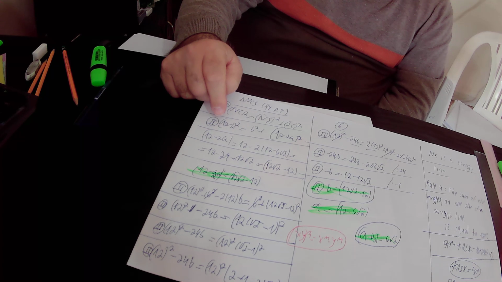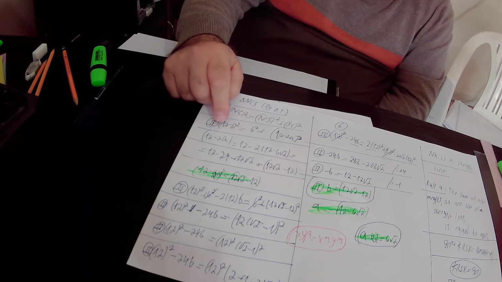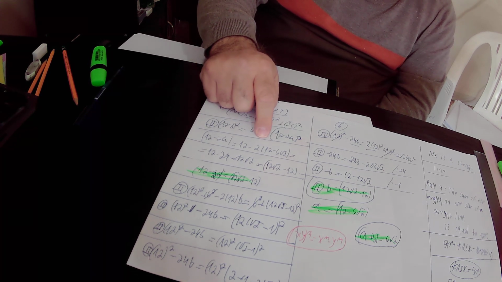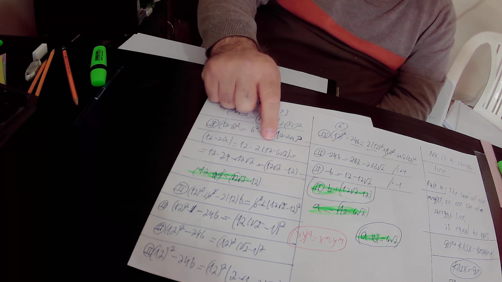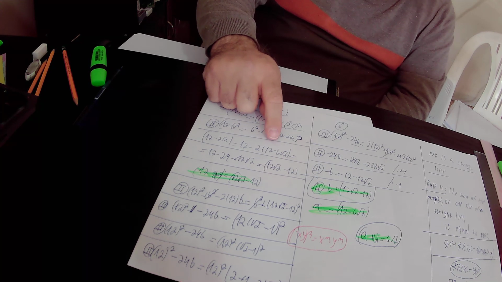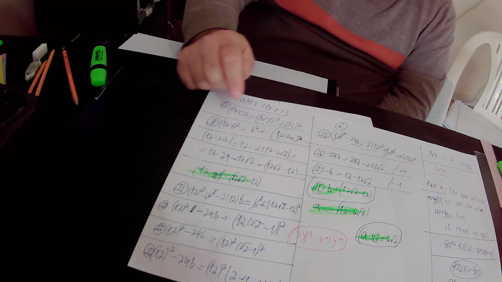In the next step, we found the value of the expression 12 minus 2A. 12 minus 2A equals 12 minus 2 times A. And A, we have already found out, equals 12 minus 6 times square root of 2.